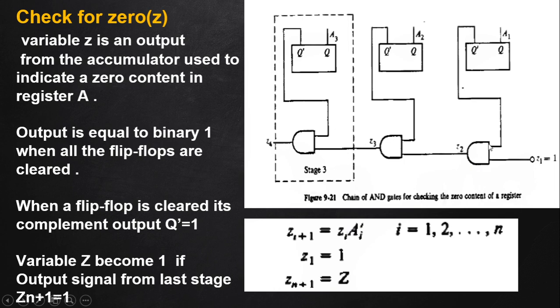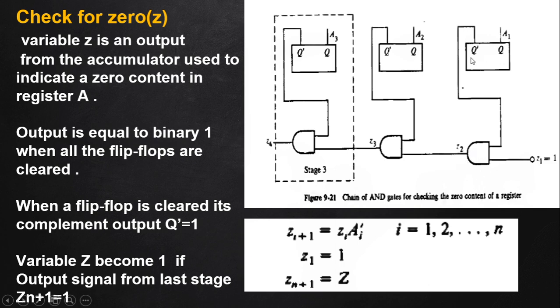Logically AND operation is performed here and generates Z2 for the next state. If this Q complement value equals 1 and Z1 equals 1, this Z2 becomes 1.